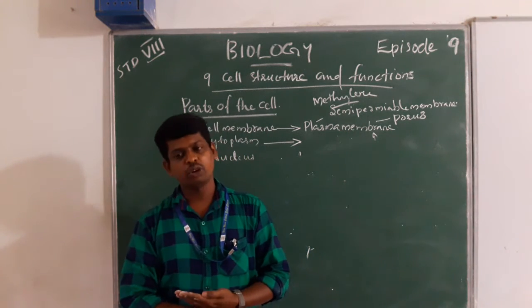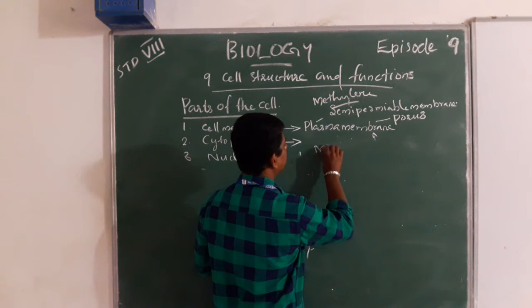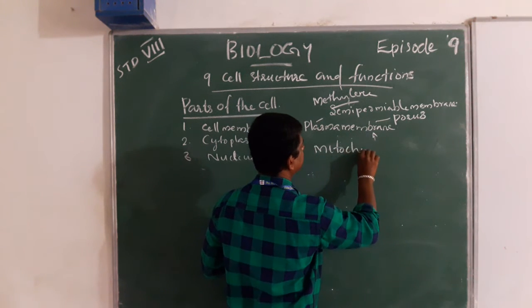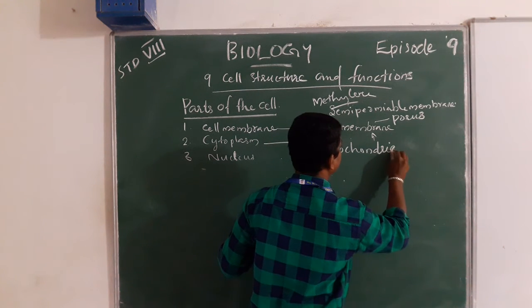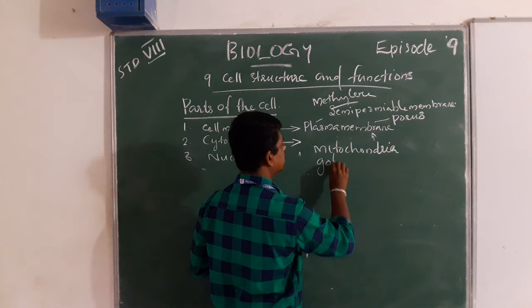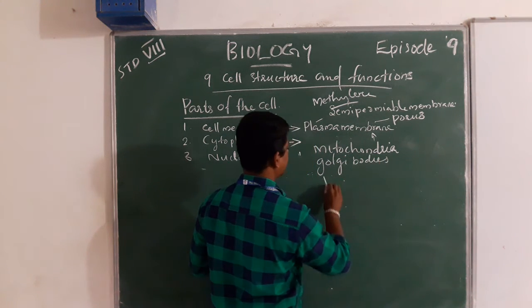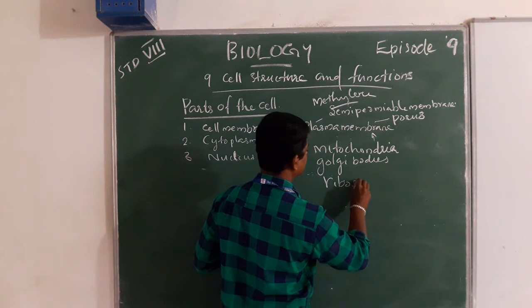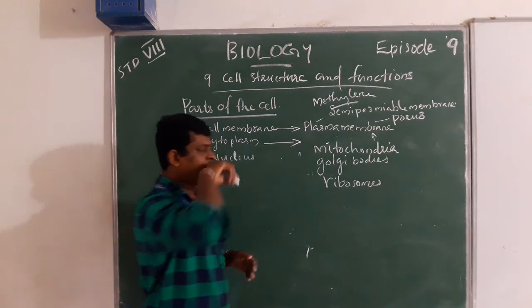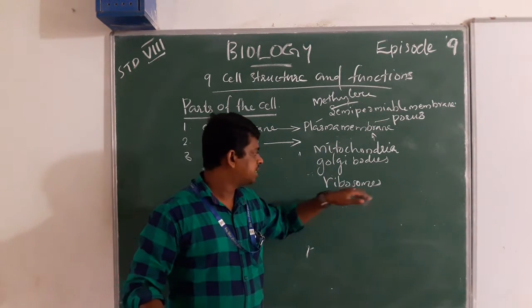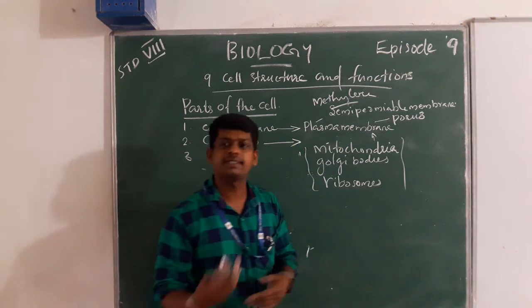These are the mitochondria, Golgi bodies, and ribosomes. These are the extra contents compared to plant cells.